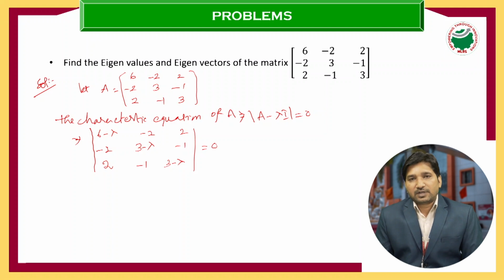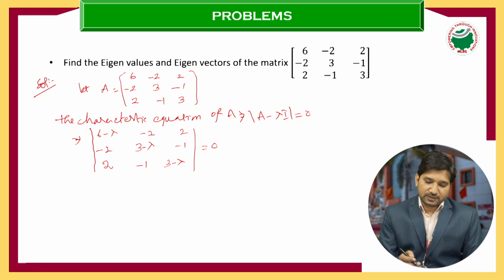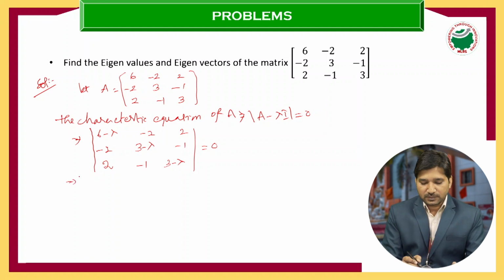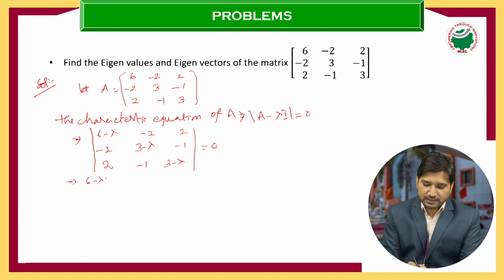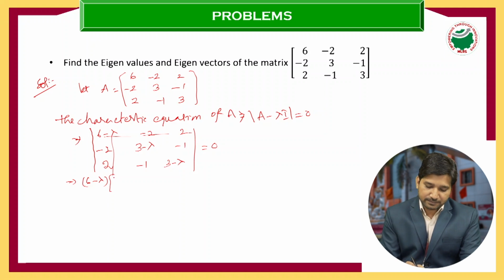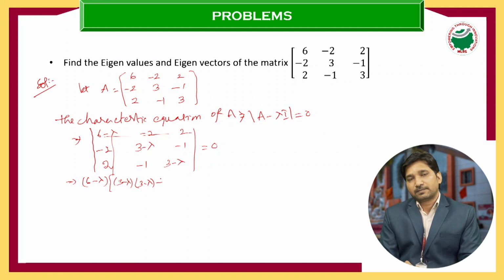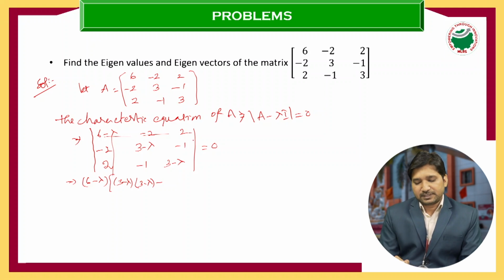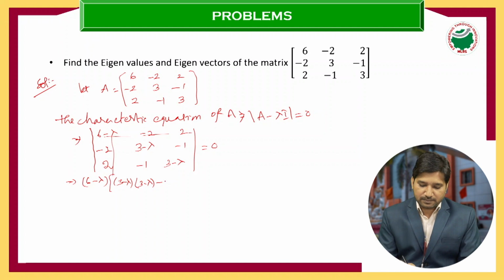Now solving the determinant of the given matrix, we will get a third degree equation. Here, (6 minus lambda) into the determinant obtained by removing this row and column, using AD minus BC, that is (3 minus lambda)(3 minus lambda) minus (minus 1)(minus 1).